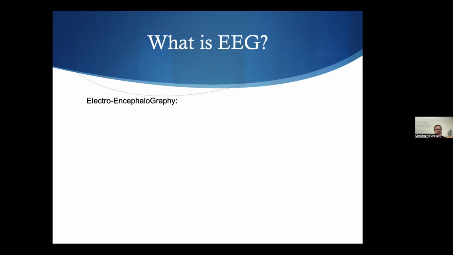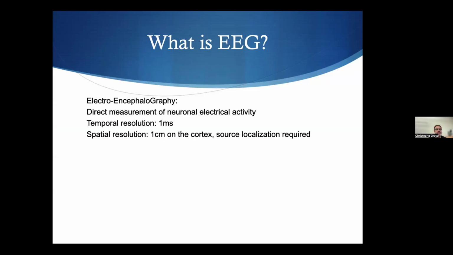Of course, it's electroencephalography. It's a direct measurement of neuronal activity, as opposed to fMRI, which is indirect through the hemodynamic process. Excellent temporal resolution. We are at the speed of the neurons, typically around 1 millisecond. Spatial resolution is more tricky because it depends.